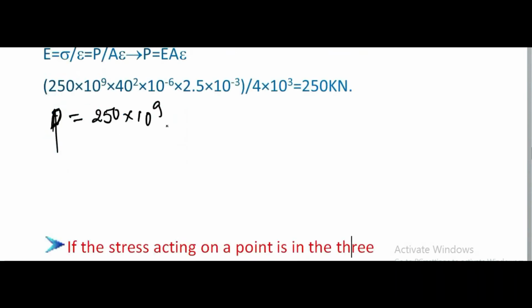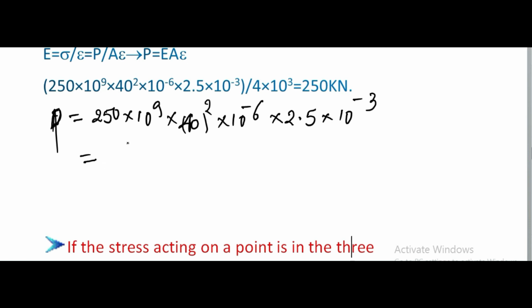Young's modulus and 40 a square into 10 to the power minus 6, that is area, and a strain is given 2.5 into 10 to the power minus 3. So after calculating it becomes 250 kilonewton.